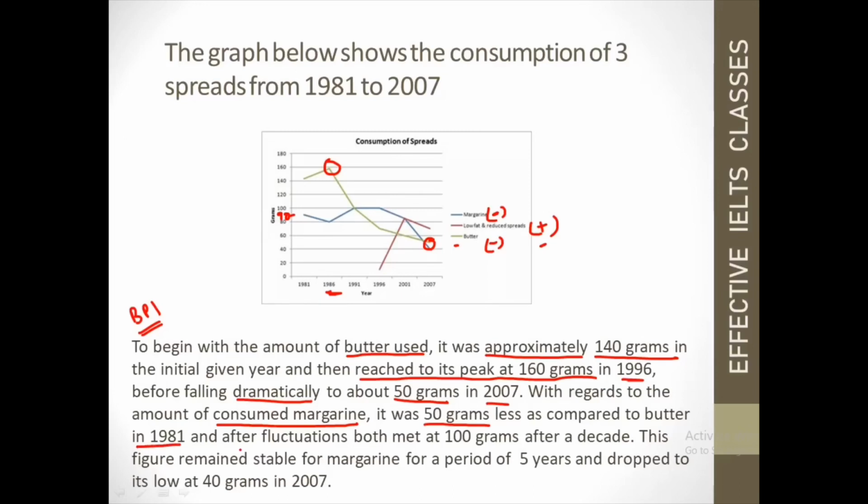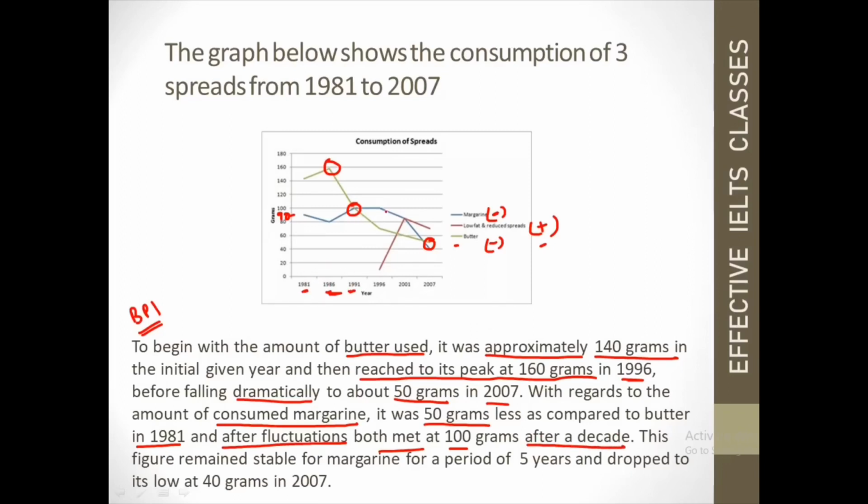Now you can see, firstly it decreased, then increased. In these kinds of situations, you can simply write fluctuations or ups and downs like I did, and after fluctuations both met at 100 grams after a decade. Since there was a 10-year gap in between, that's why I used decade.